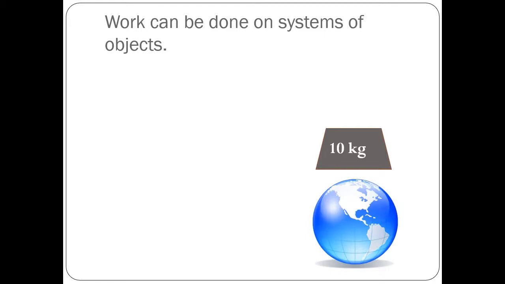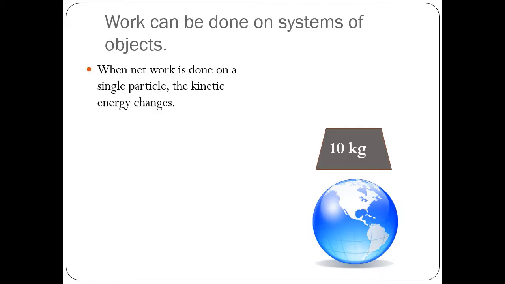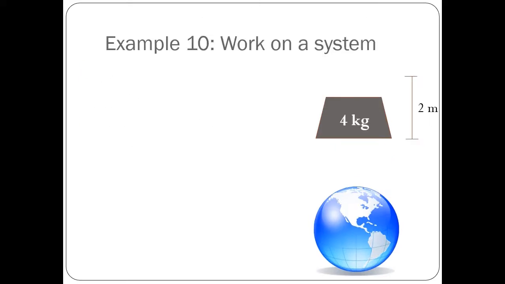Well, we can calculate it a couple different ways. Let's say, for example, that we are going to lift up a 4 kilogram block, and we are going to lift it up a distance of 2 meters, and this is in the presence of gravity, as indicated by that blue globe down there, which is supposed to show you that the Earth is present here.